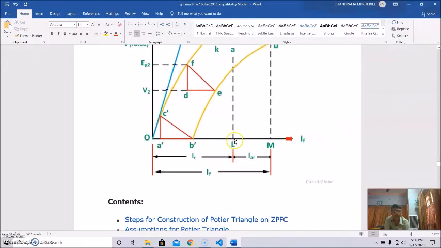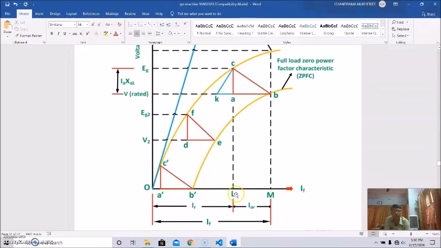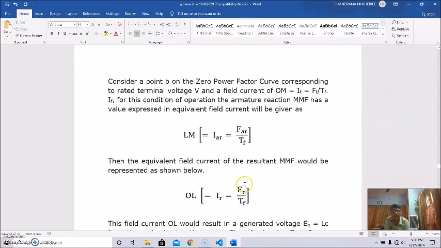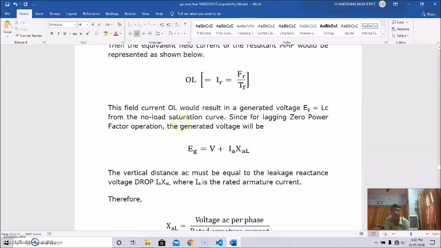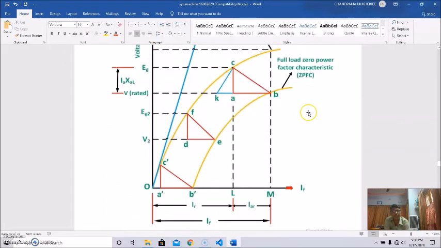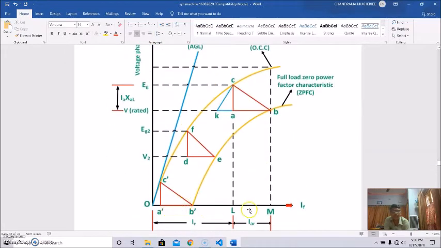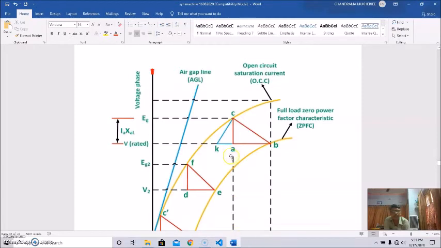So corresponding to this OL, this is the resultant field current. And corresponding to this, the resultant generated voltage EG is equal to LC. This is OL, okay, and this is equal to LC. This is the generated voltage, where C is on the OCC curve.